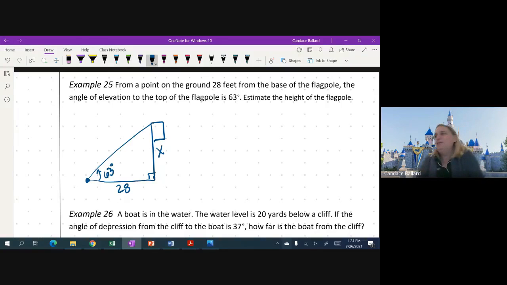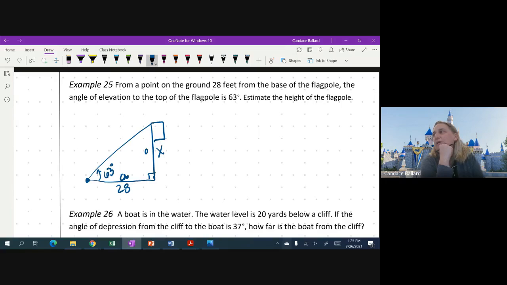What leg is the X on? Can you all tell me that? All right, perfect. We know it's on the opposite leg. So when I have opposite and the 28 is on the adjacent leg, which ratio do I have there? Sine, cosine, or tangent? Jose is on it today.